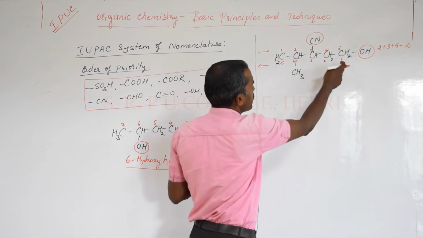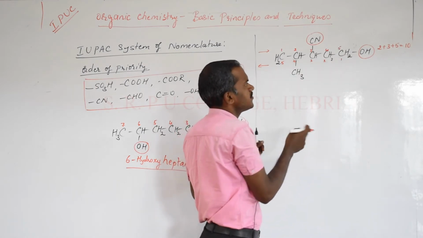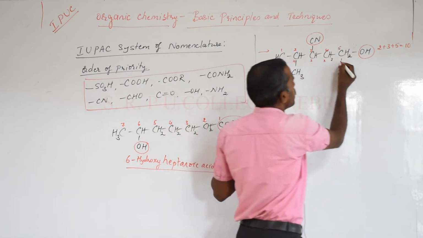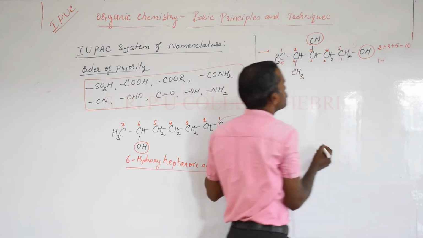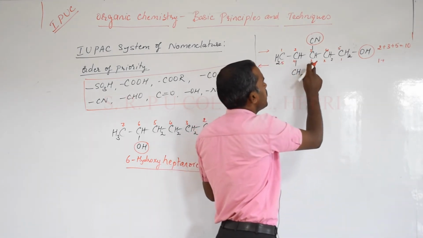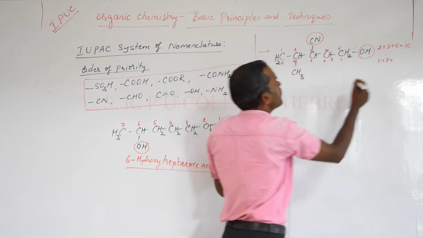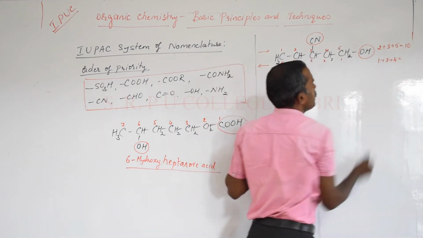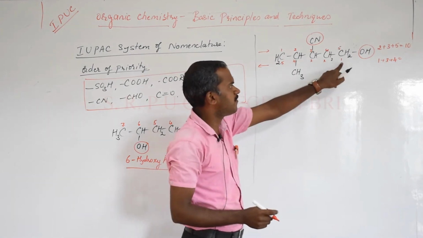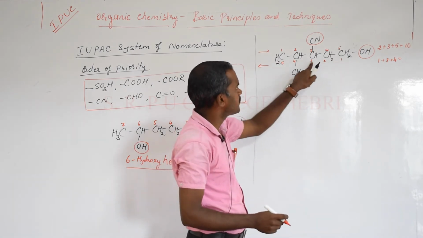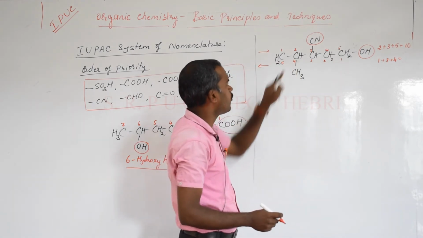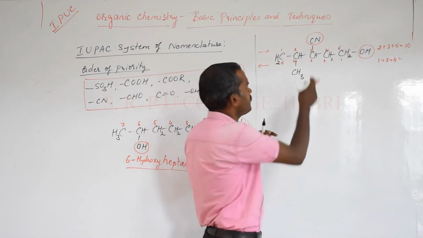When you number it from right to left, okay, see the positions. This is a first carbon atom where the hydroxy group is present, third carbon atom having other substituent, and fourth carbon atom having a next substituent. 1, 3, and 4. Got it? The first carbon atom having a hydroxy group, third carbon atom having a cyanide group, fourth carbon atom having a CH3 group. So 1, 3, 4.